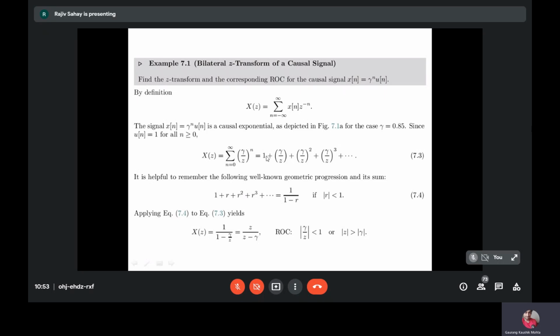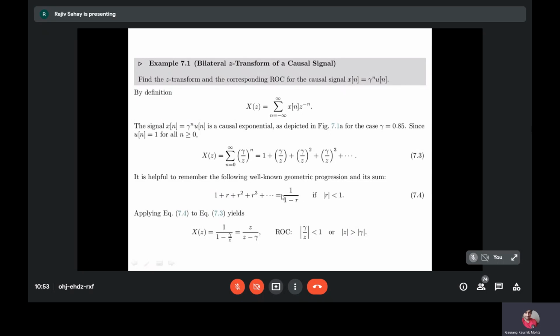So if you form the infinite series, then it looks like this. So it is a geometric progression, and suppose I write this as the ratio r, then we can have a geometric progression like this, whose closed form expression is this, with the condition that mod of r is less than 1.